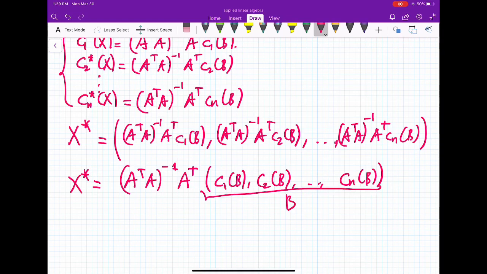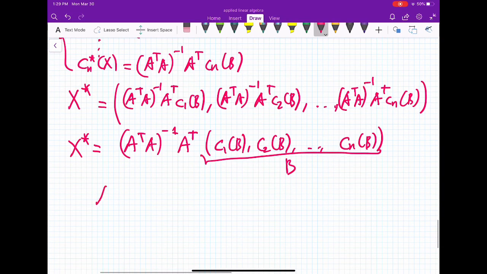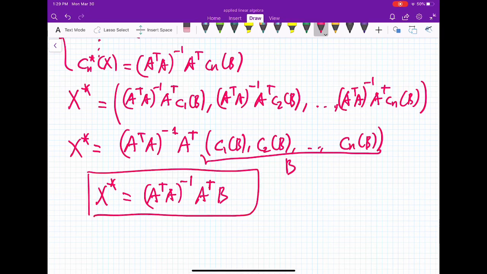That is just matrix B. So basically I have X star is equal to (ATA) to the -1 AT B. And that is the formula of the solutions of the matrix least squares problem. Make sense? So let's compare this formula with the very first one. I'll copy it right here. X star is equal to (ATA) to the -1 AT B, right?